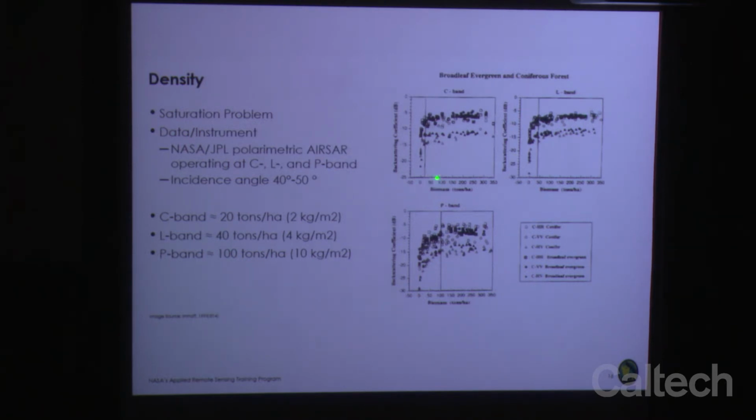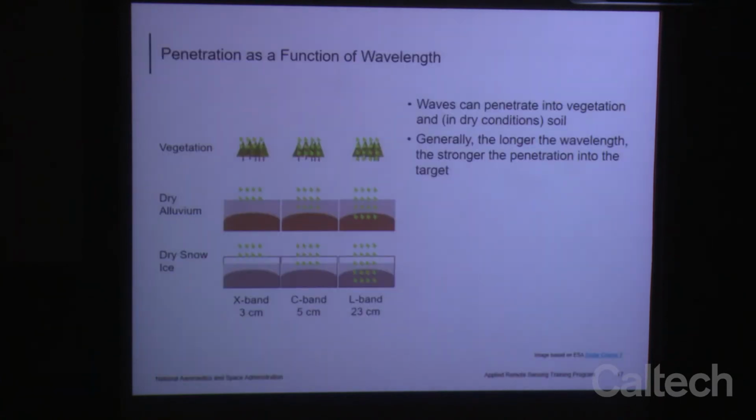We see this backscatter-biomass curve in each case, and we see that this curve tends to saturate at different levels of biomass depending on how long or short the wavelength is. So with the longer wavelengths, we get more sensitivity to biomass, up to about 100 tons per hectare when we reach the saturation point. On the other side here, C-band saturates at about 20 tons.